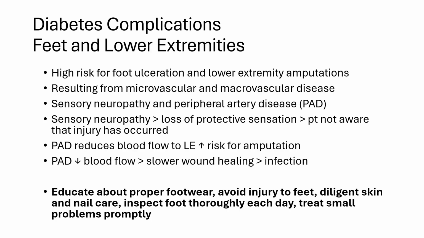You will see that a patient that starts out with a toe, then a below the knee amputation, it just continues to keep rising. This happens because of the microvascular and macrovascular disease, sensory neuropathy and peripheral artery disease, so PAD.